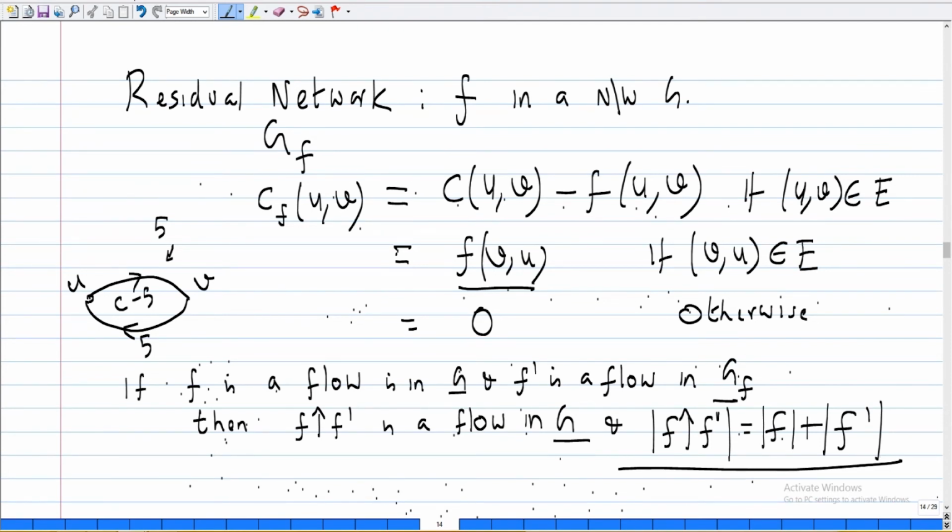By the way, it is a flow in G and its value is the value of F plus the value of F prime.